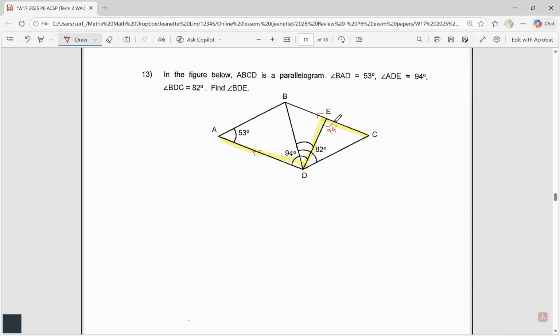Okay, this is 94. I want to find angle EDC here, which is included inside your 82. Okay, so if I can find this, I can take 82 minus that to get the answer. Okay, so opposite angles of a parallelogram will be the same. So this part here is also 53. So let's find EDC.